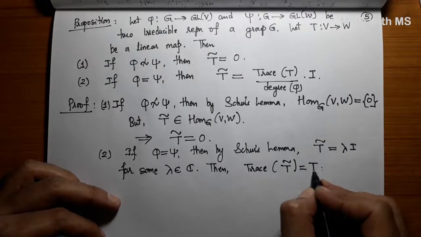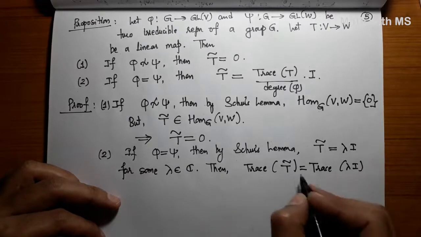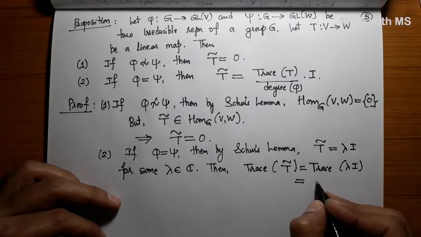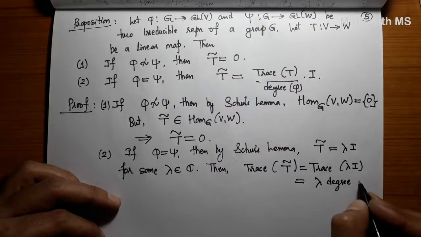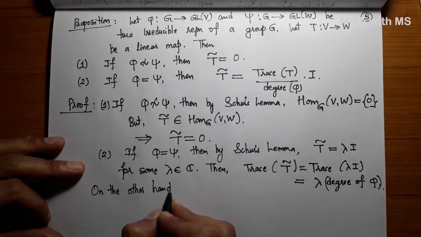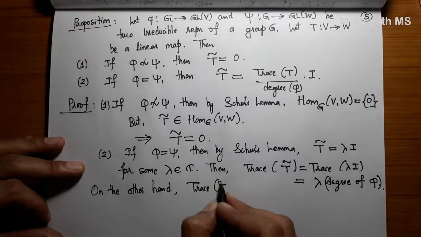It is equal to the trace of lambda I, but what is that? It is just lambda times the degree. On the other hand, what is the trace of T tilde?